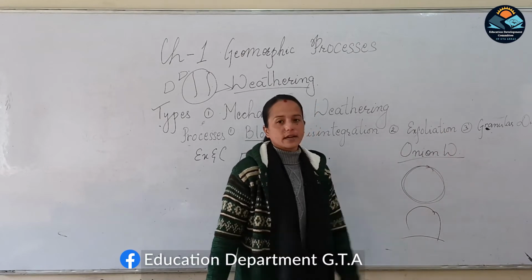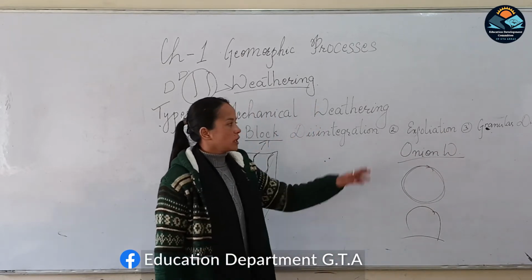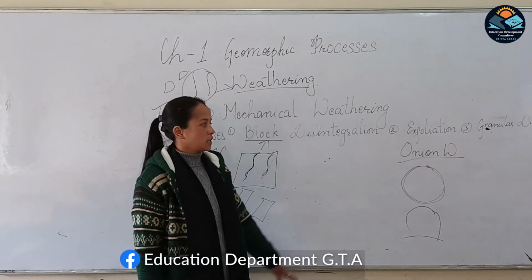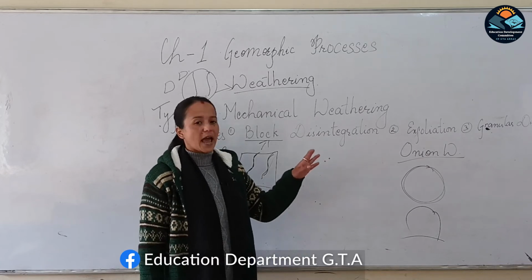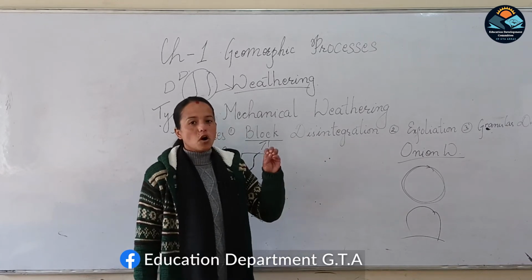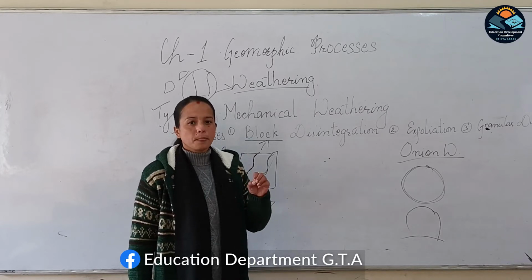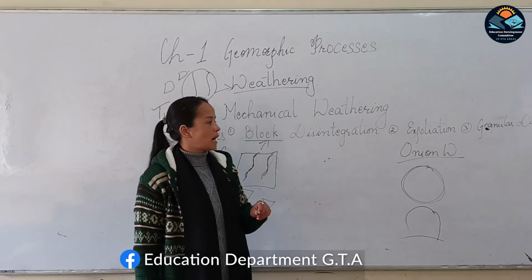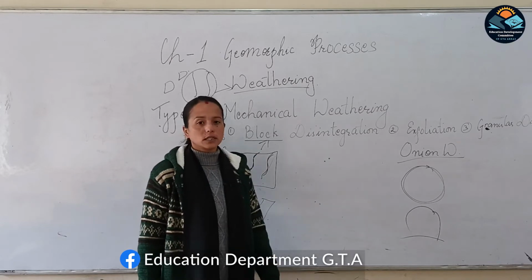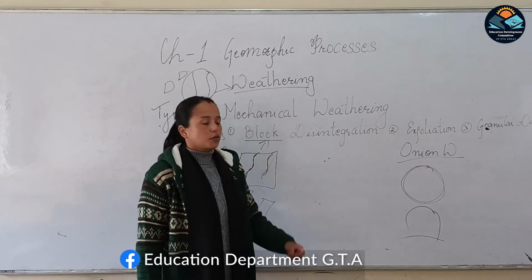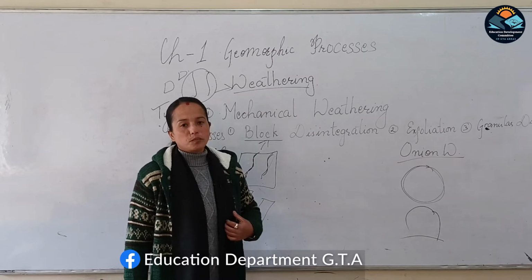Next one is granular disintegration. The name itself says granular. That means the rock is broken into very fine grains of sand or rock particles. Rocks are made up of minerals.